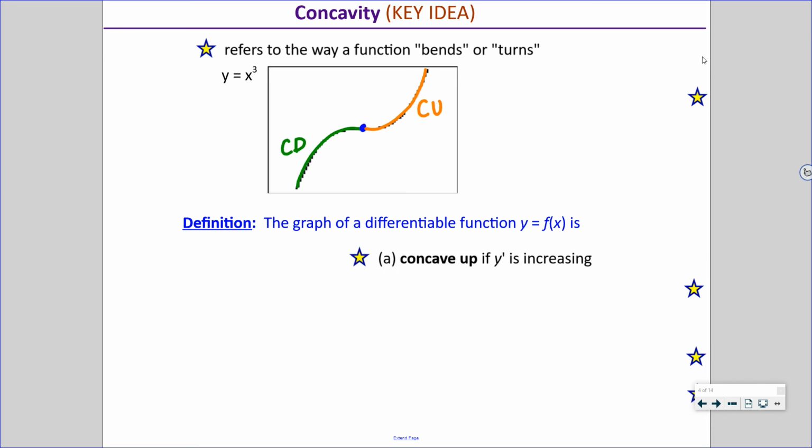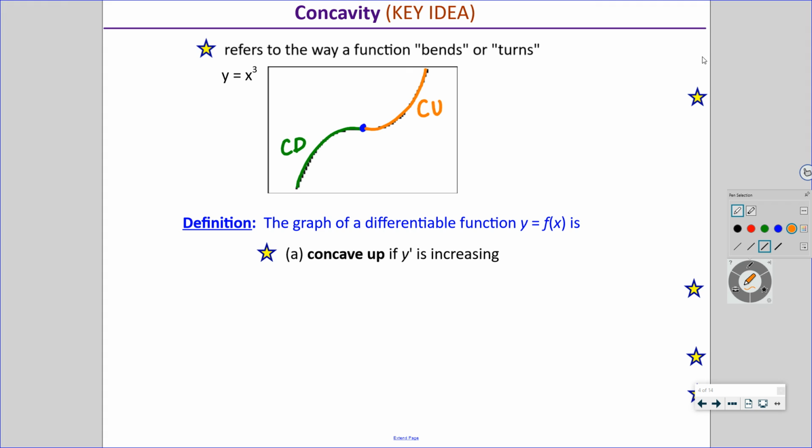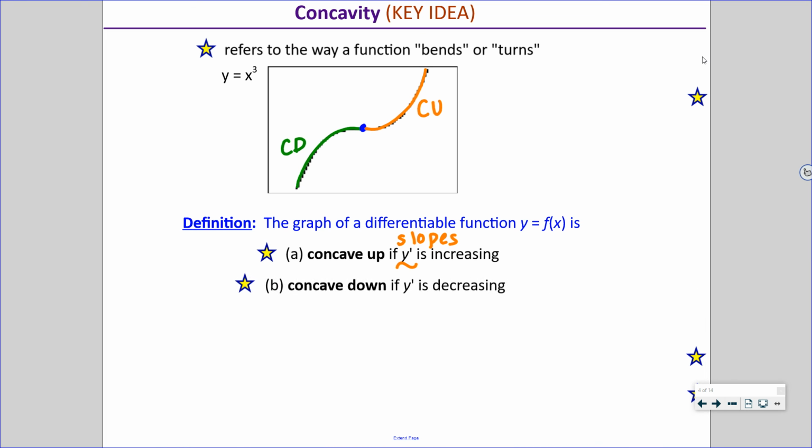So we know it's concave up if our slopes are increasing. So if the first derivative is increasing, think of this as slopes. Concave up if our slopes are increasing. Similarly, concave down if our slopes are decreasing.